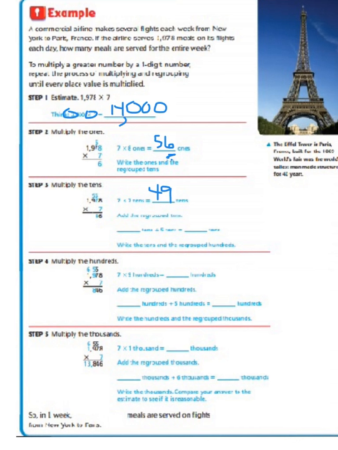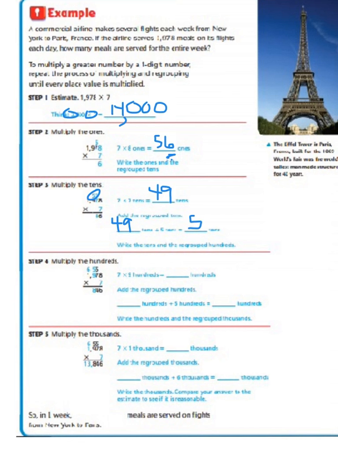So we're going to add the regrouped tens, and we have our 49 tens plus the 5 that we had to carry, and that's going to equal 54. So we write our 4 in the tens spot and carry our 5.